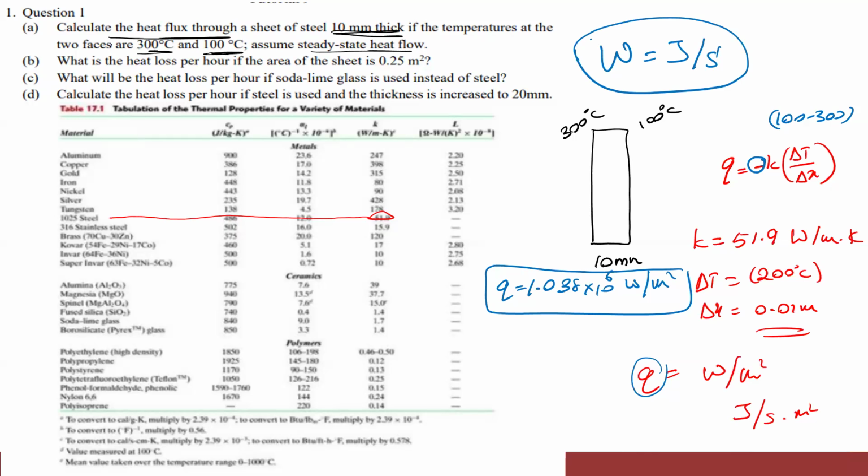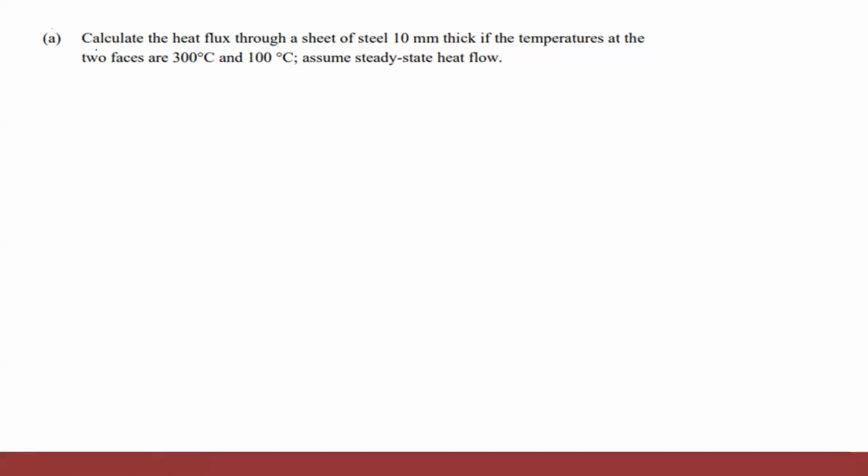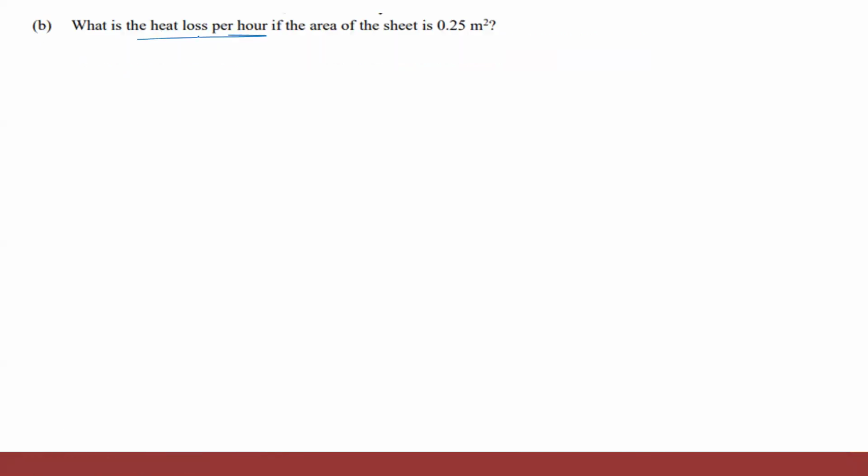Are we good? And then in the next part, this is what we did: we found the heat flux, and then they are asking us to find the heat loss per hour for the area of this. So simple Q is per area, per square meter per second, isn't it?